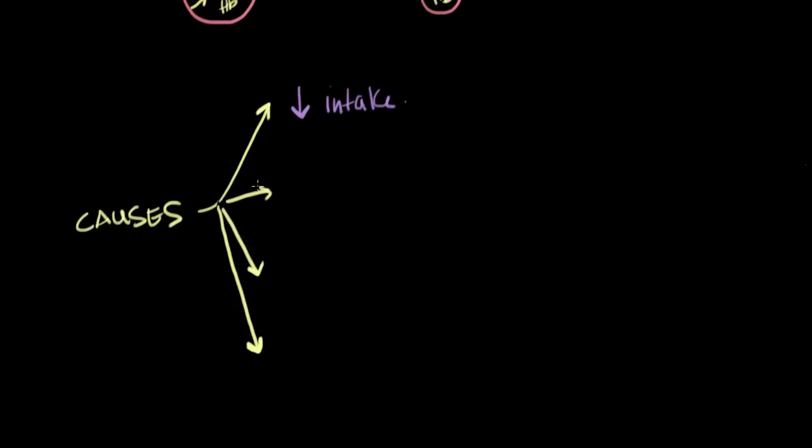But really, decreased intake is most problematic in little infants, especially those infants less than 6 months old. That's because when you're younger than 6 months old, your diet consists almost entirely of breast milk. And breast milk is a really poor source of iron. And that's why these infants end up with iron deficiency and then iron deficiency anemia.